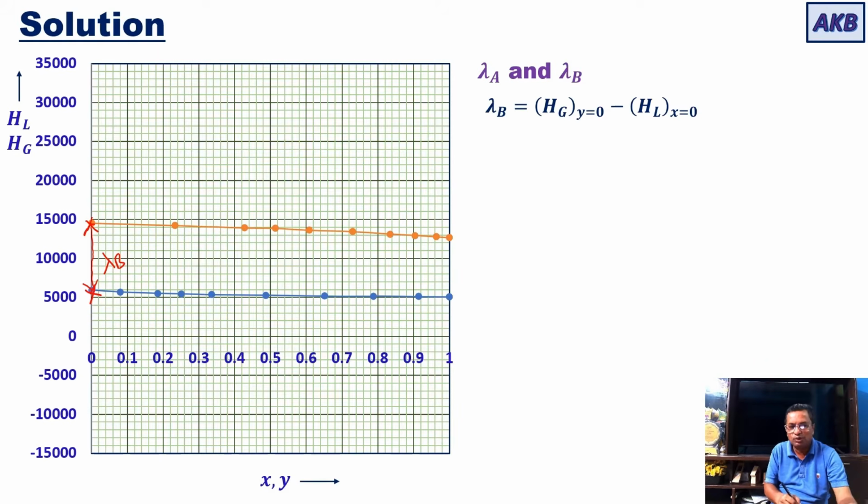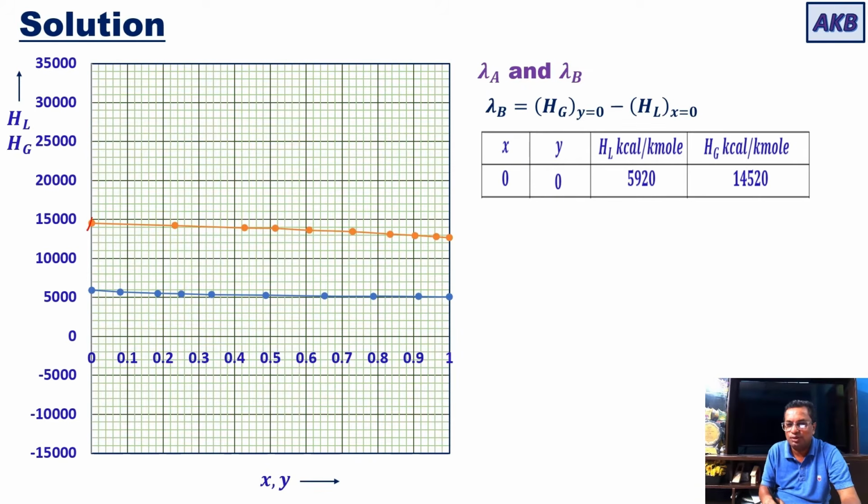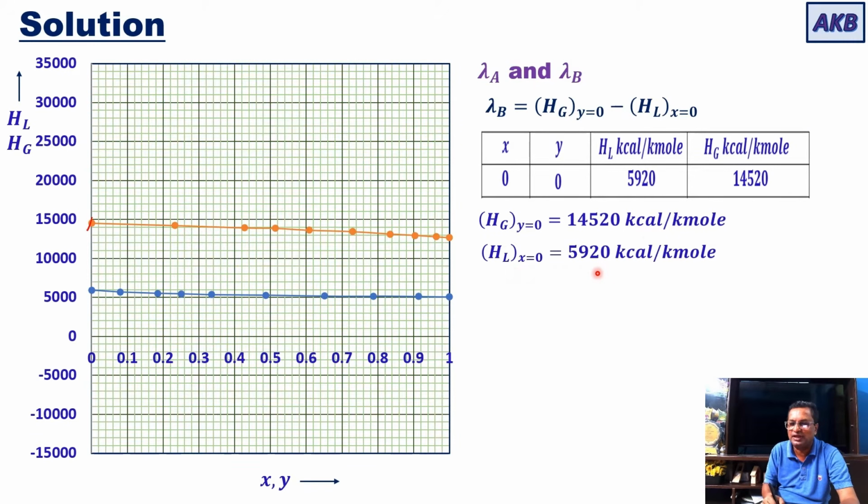Again, you don't have to read those values from the graph, because those values are provided to us in the data. So I'll show you. At x equal to 0, y equal to 0, HL is 5920, and Hg is 14520 kilocalories per kilomole.